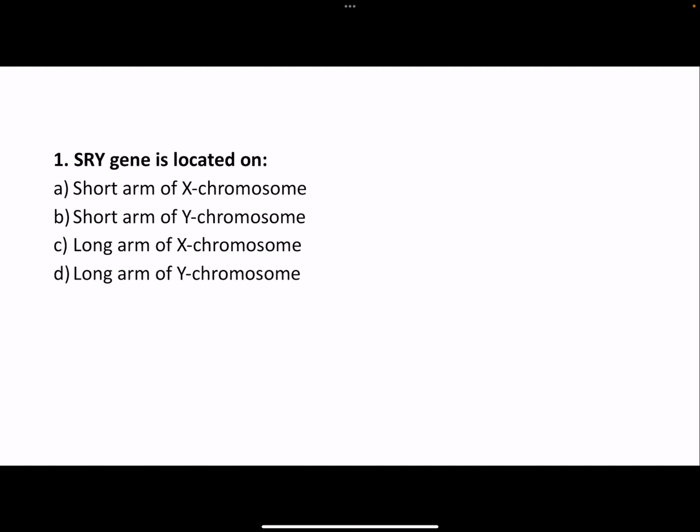Coming to the first MCQ, the SRY gene is located on. So what is SRY gene? S stands for sex determining, R stands for region, and Y stands for Y chromosome.